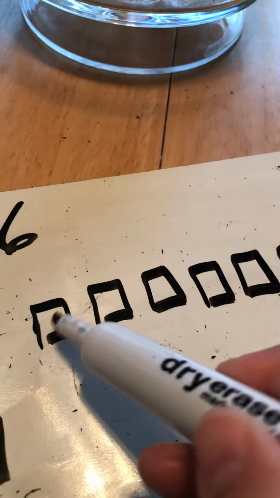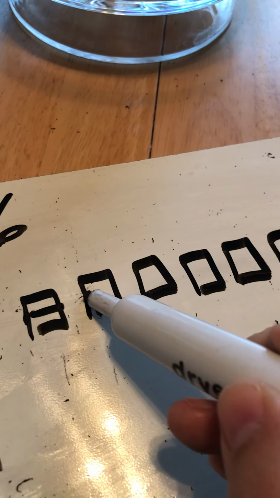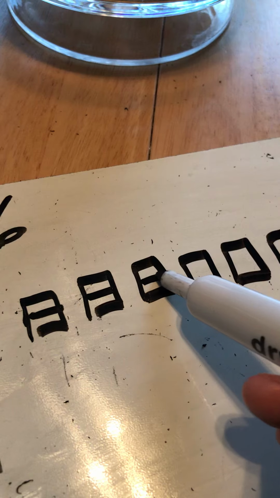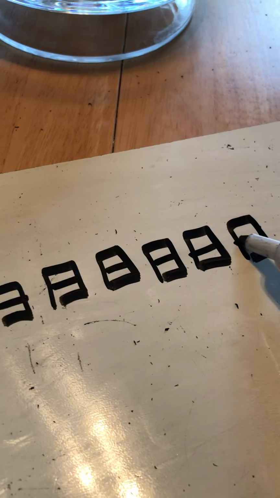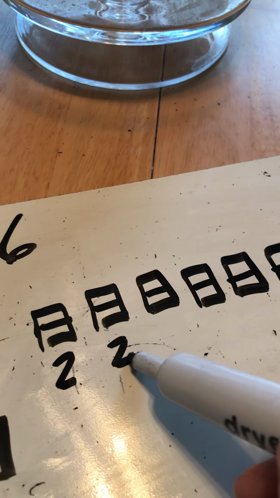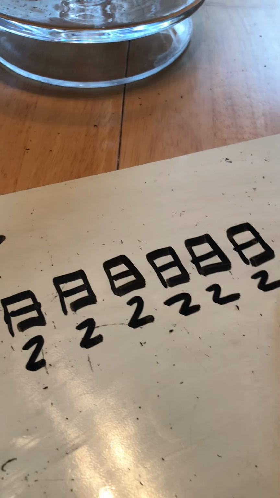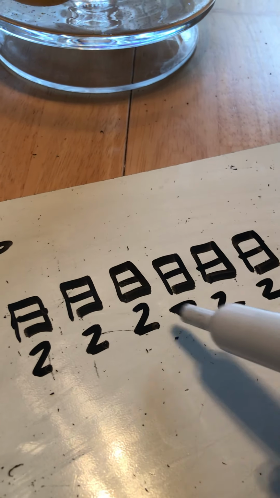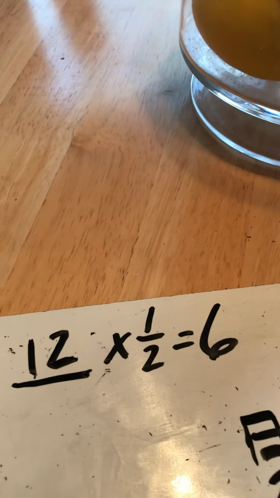So if I was to cut each of these in half, how many halves would I have? Would I have 2 here, 2 here, 2 here, 2 here, 2 here, and 2 here? 2, 4, 6, 8, 10, 12. So that's where I'm getting that answer of 12.